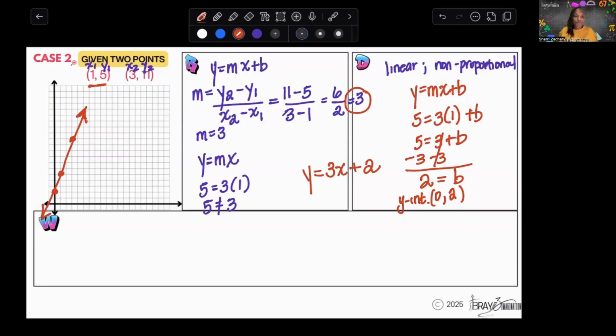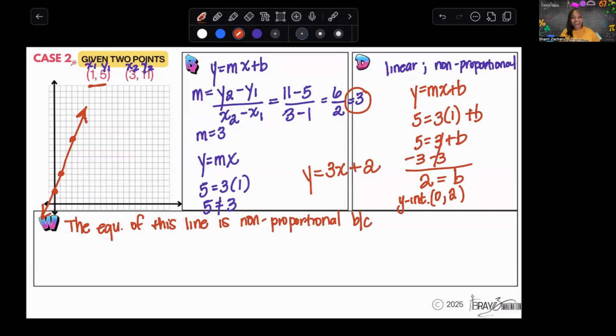So now I need to write my sentence. In my right box, I'm going to say the equation of this line is non-proportional because why is it non-proportional?